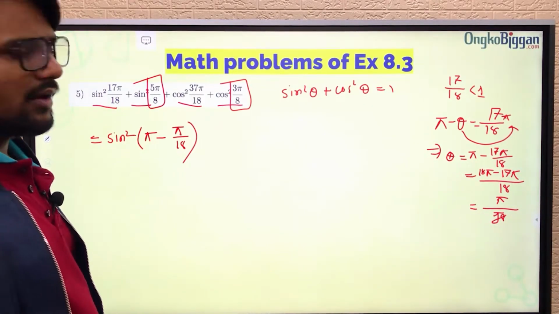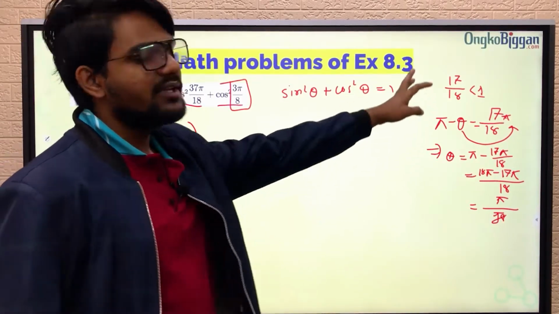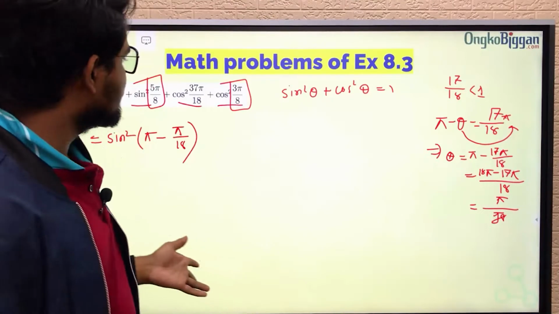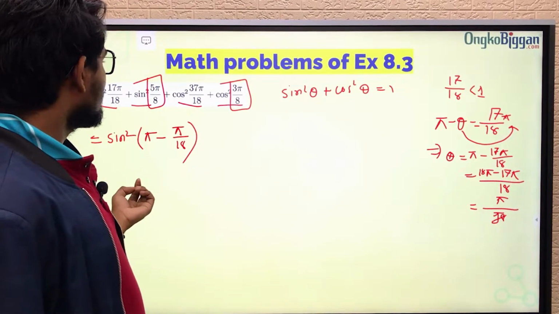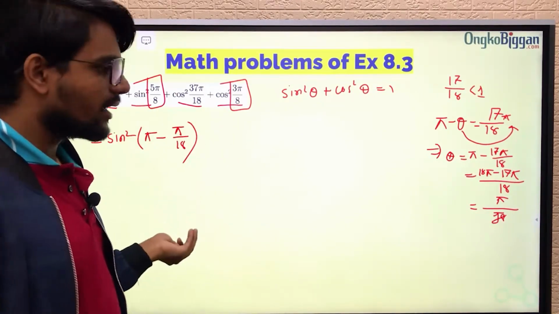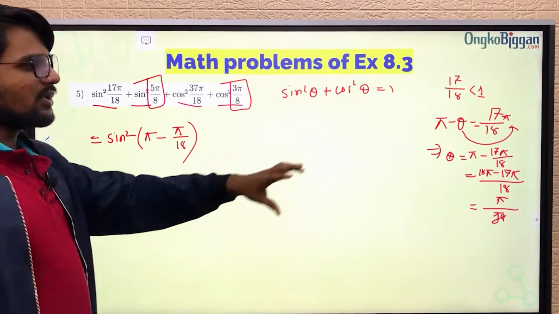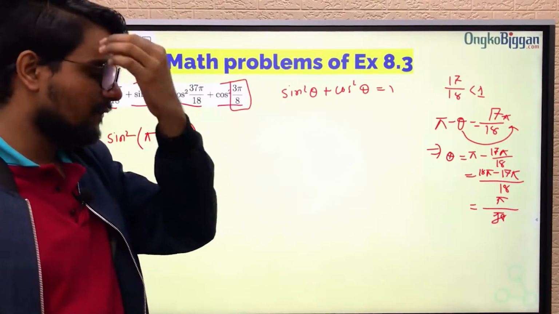With time, if you have practiced this math enough times, you don't need to manually find the value of θ. Your mind will automatically tell you that this value will be π minus π/18. But sometimes in the case of π/2, your mind will not automatically tell you, otherwise you would be a supercomputer. So I guess you need to manually find the value in the case of π/2 minus θ and π/2 plus θ formats.